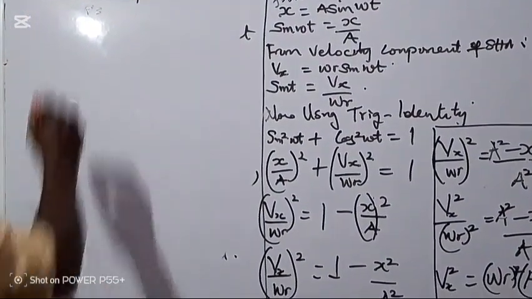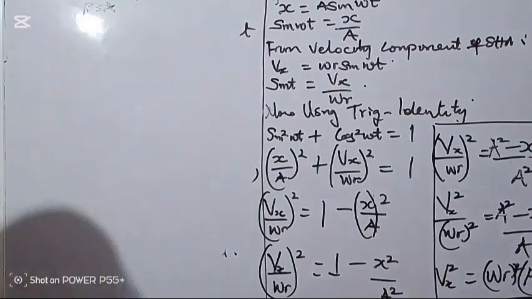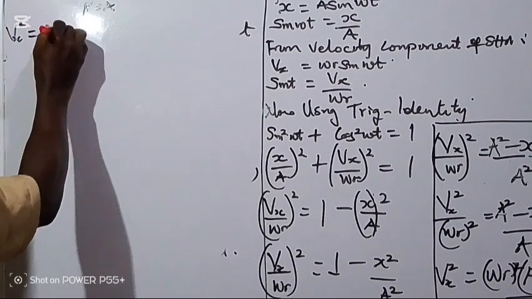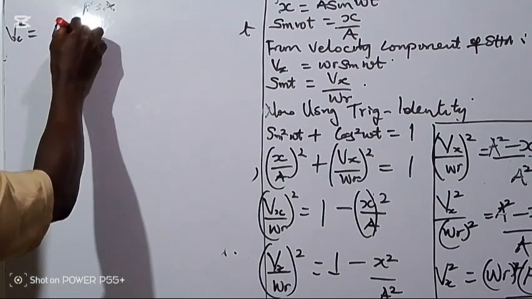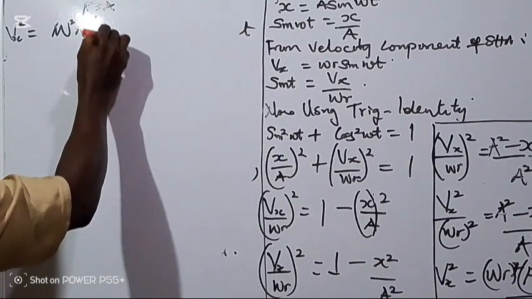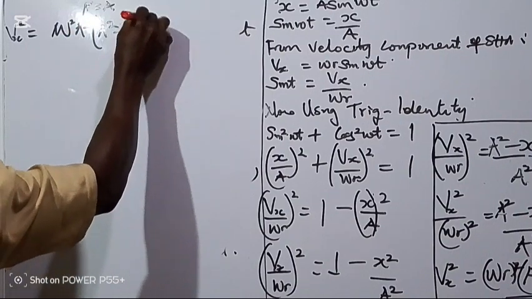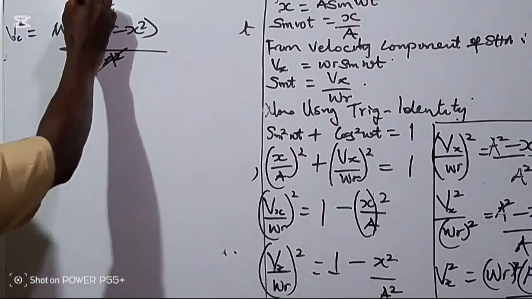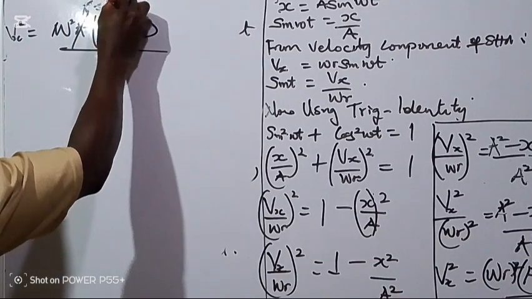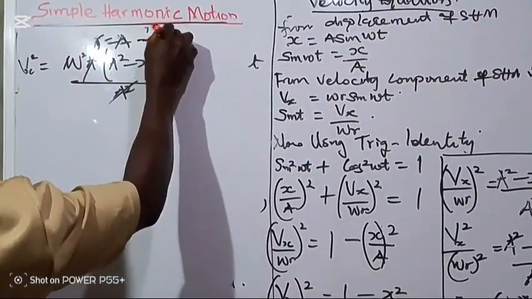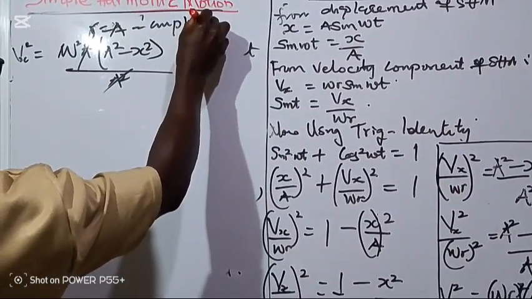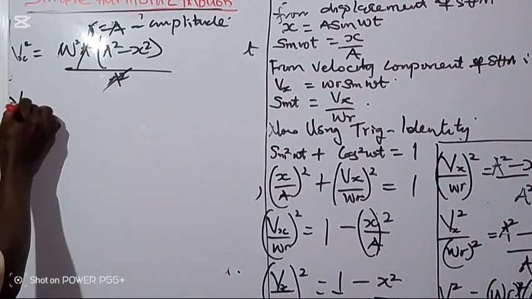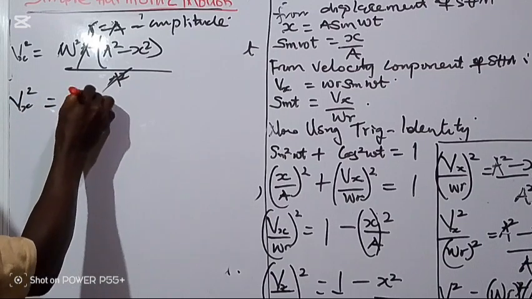If that is the case, then v square is equal to omega square a square into bracket a square minus s square over a square. So a square will cancel a square. So we are going to have v square equal to omega square into a square minus s square.